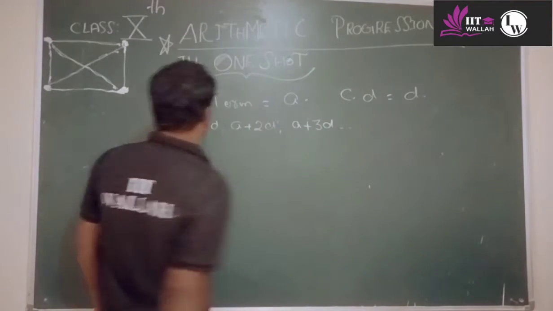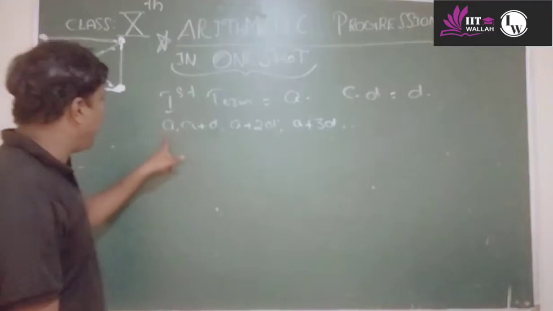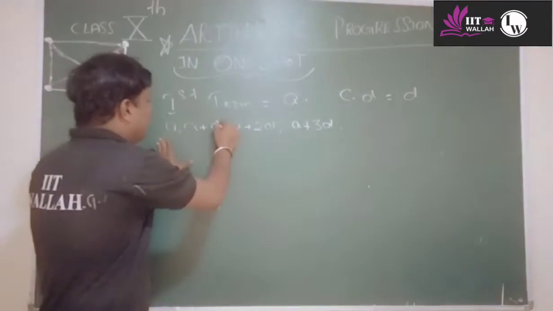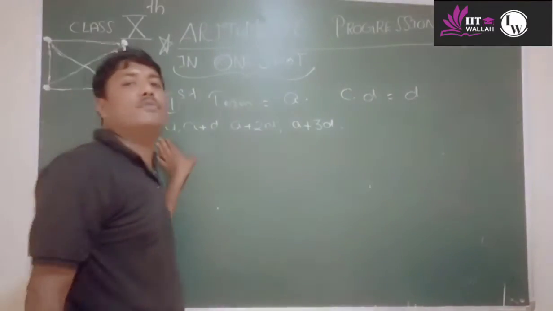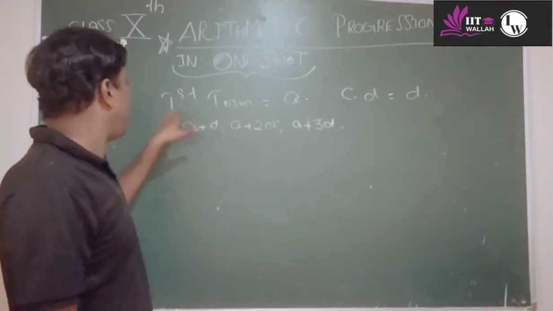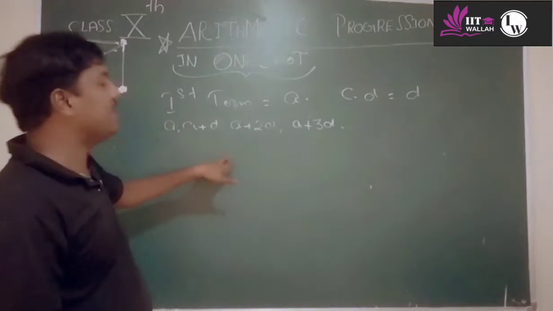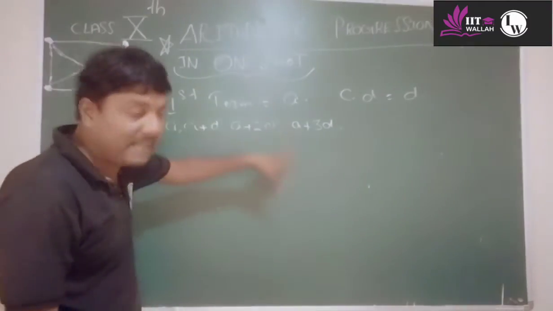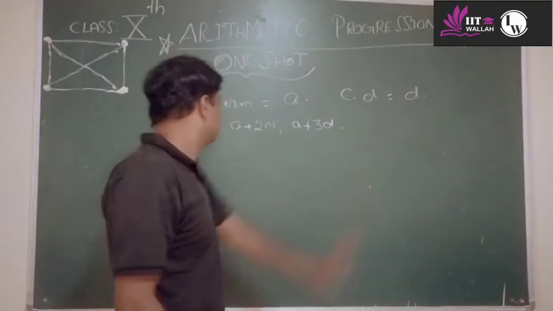Etc. Okay? See, we are adding the common difference. Common difference would be added to each term from the first term. So A, A plus D, A plus 2D, A plus 3D, like that.